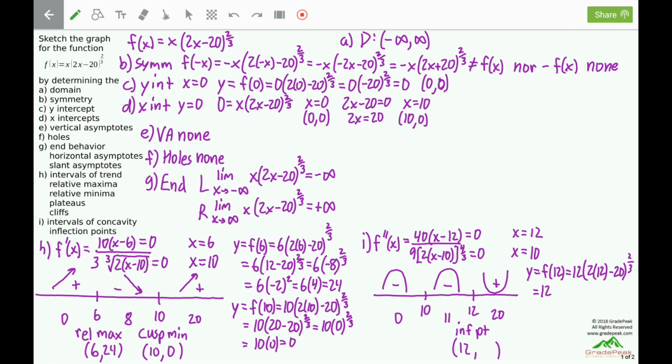This is 12 times 2 times 12 is a 24, and then minus the 20 to the 2/3 power. 24 minus 20 is 4 to the 2/3 power.